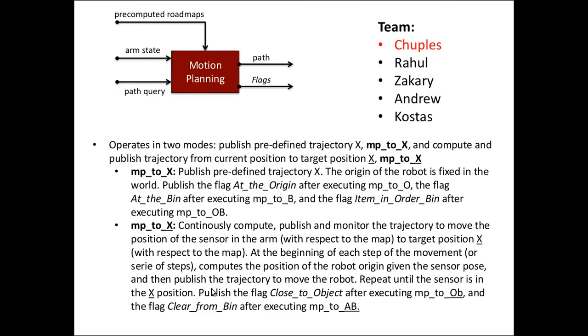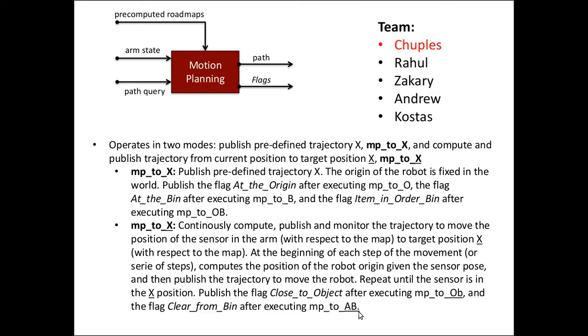There are situations where I need this mode of operation, and in the two situations that I need, when the system executes motion planning to OB dash, this model will publish this flag called close to the object when it has finished getting close to the object, and the flag clear from beam after executing move to OB dash, or move away from the beam.